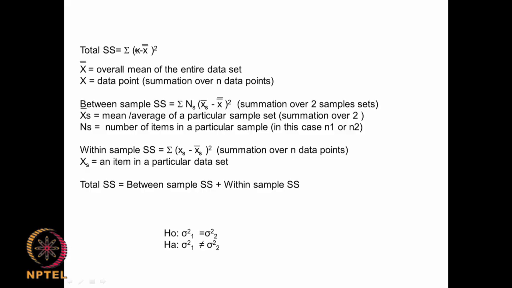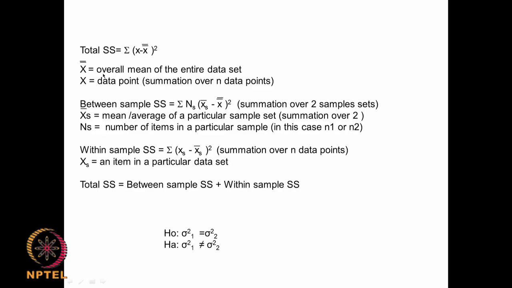It is x, any value, minus x double bar. What does x double bar mean? X double bar is the overall mean of the entire data. Because you will get a mean for the male pitch and a mean for the female pitch, that will be called x bar, whereas when you take the mean of those two means, that will be called x double bar.